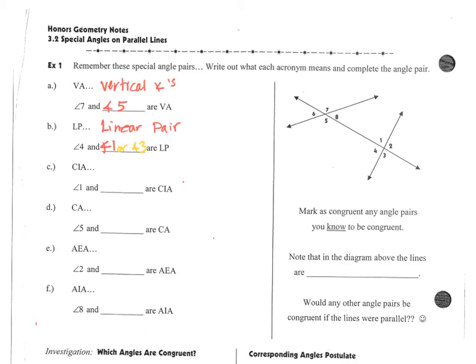CIA are consecutive interior angles. And if we're looking at angle 1, the consecutive interior angle to it would be angle 8.